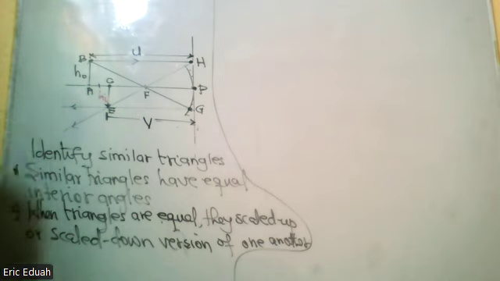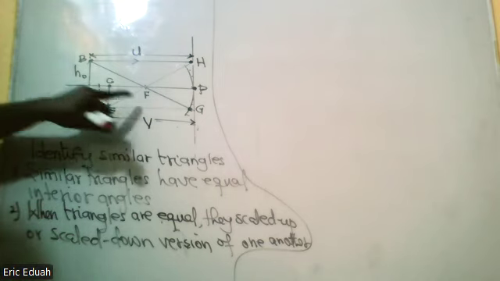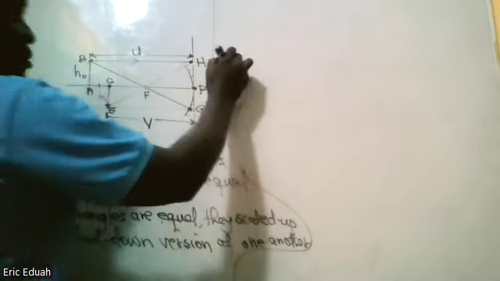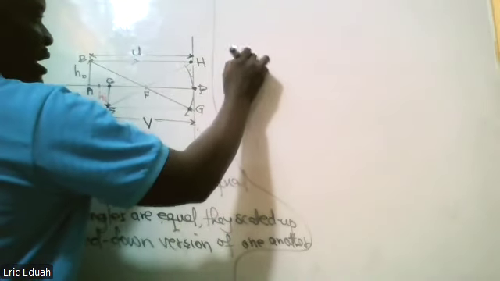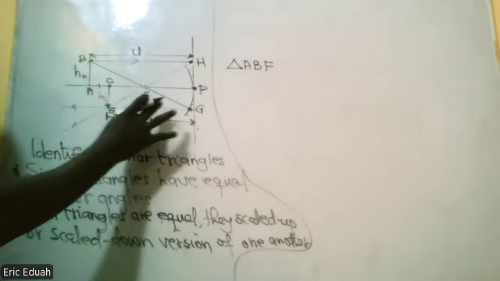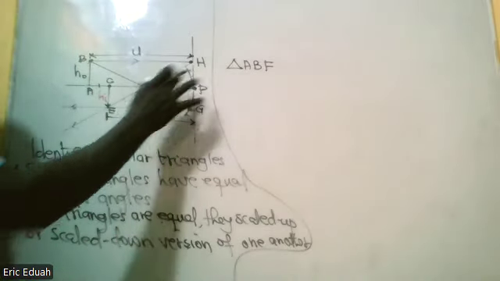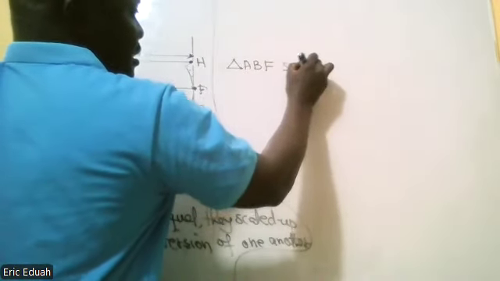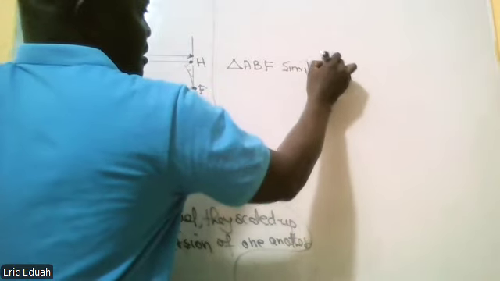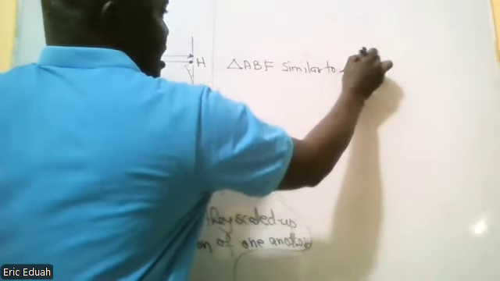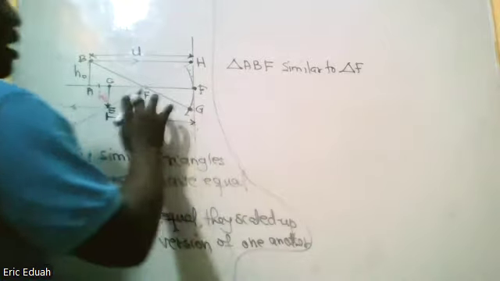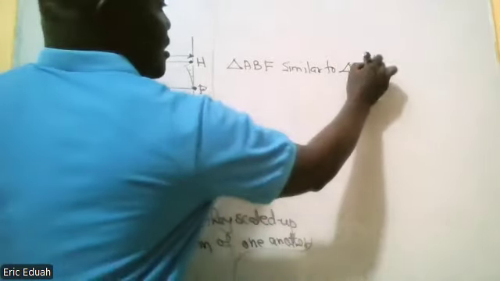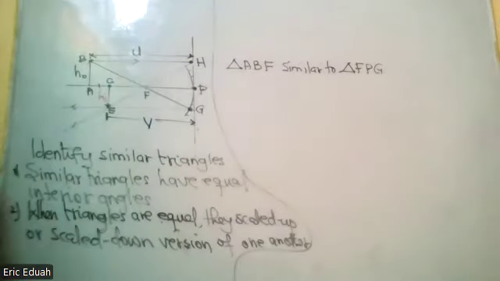Now, when we look at triangle ABF, this is similar to triangle FPG. Why are they similar triangles?